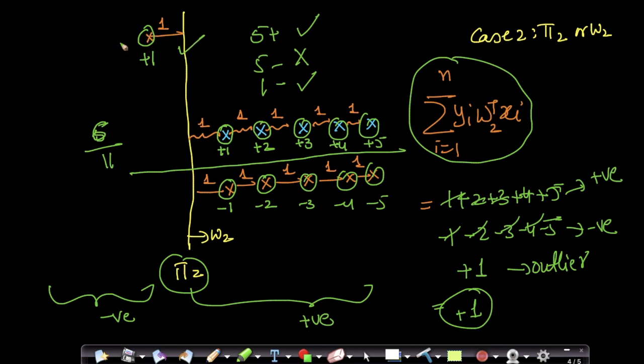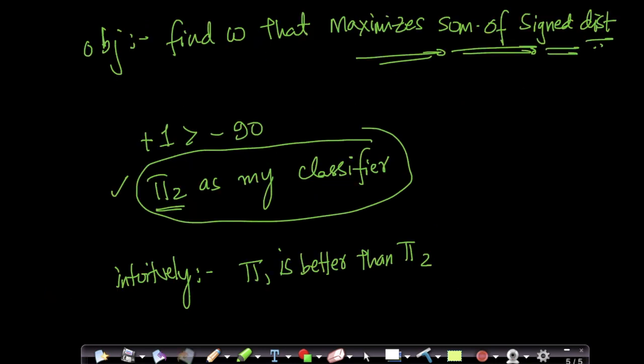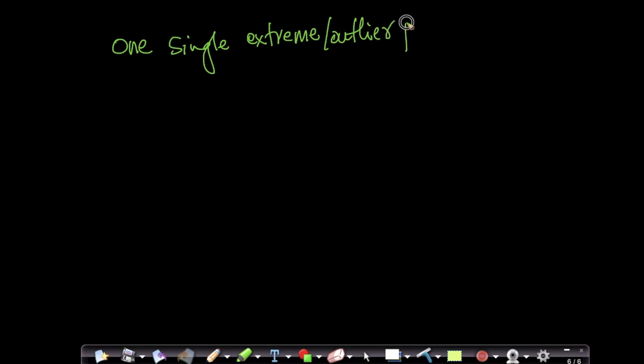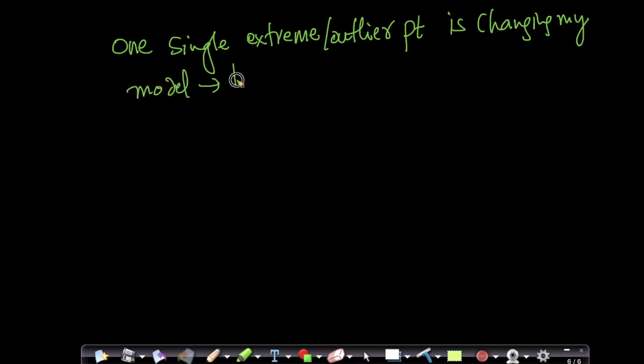So one single outlier is impacting my whole model, which is a terrible thing. Why am I saying model? Because a model is nothing but a hyperplane in logistic regression. And this is a very bad situation.